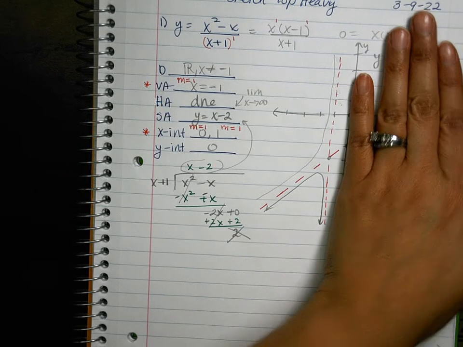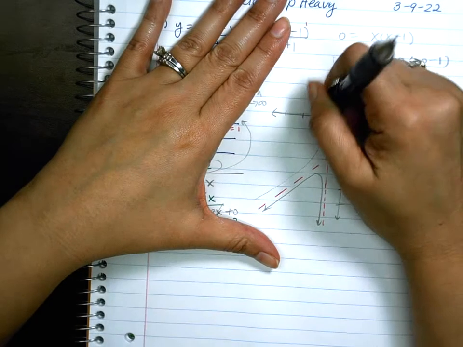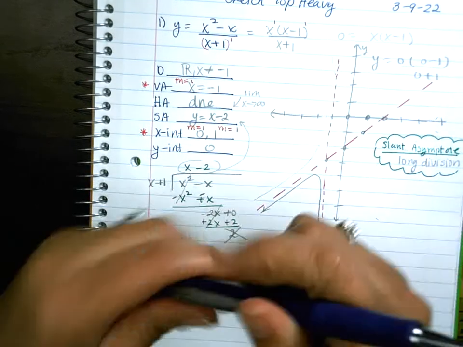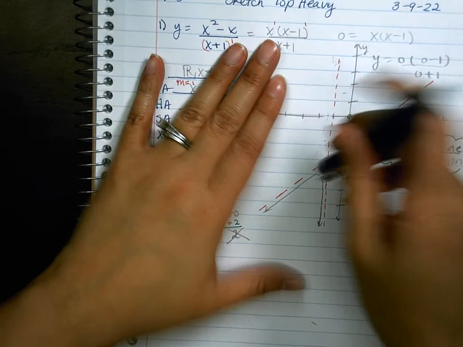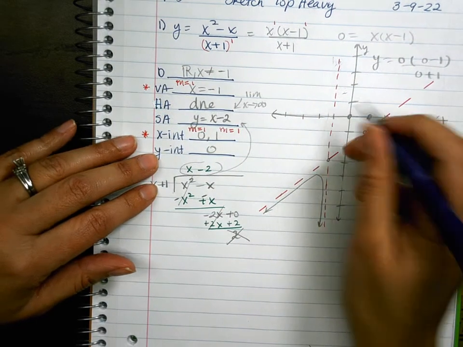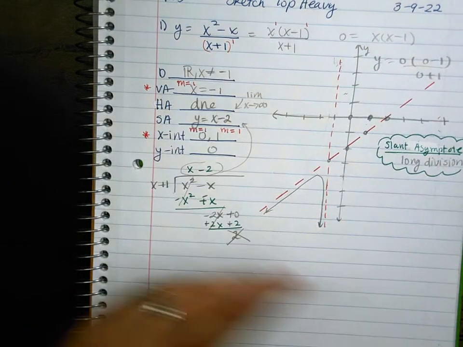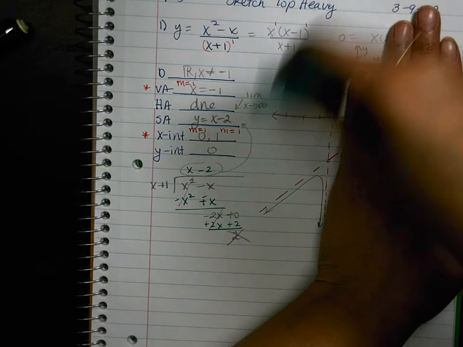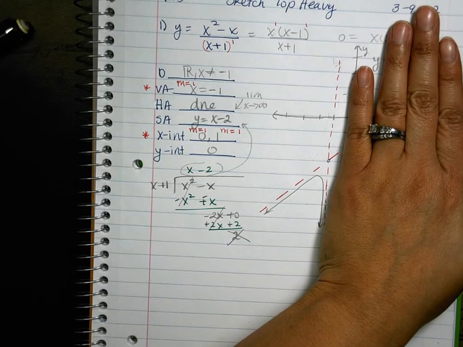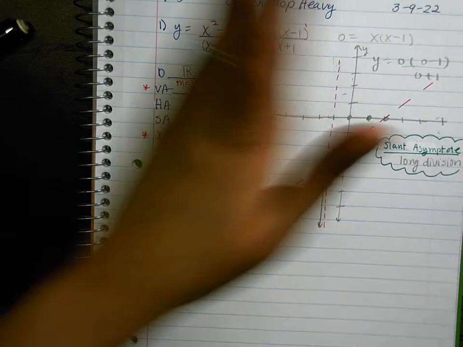Okay, right now I want you and your shoulder partner deciding. Now, when we're not using test values, we're using x-intercepts as our clue. So I'm going to ask you guys this before you discuss with your shoulder partner. Are there any x-intercepts to the left of that dotted line? Okay, so discuss with your shoulder partner.